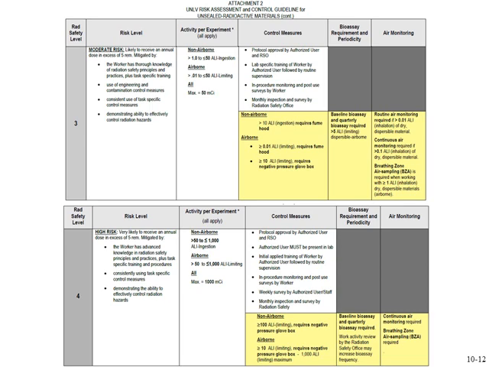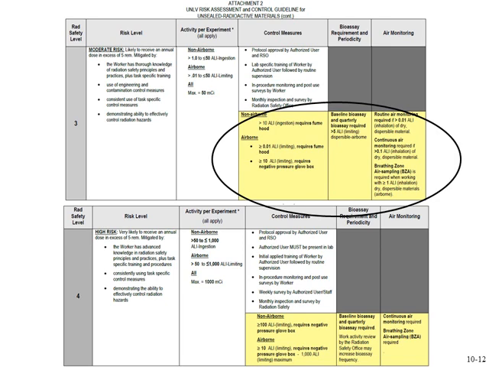At rad level 3, we can go well above an ALI. It's broken into airborne or non-airborne. And there's also a component that says if we're using airborne or non-airborne, we have certain requirements such as using a fume hood or a negative pressure glove box.